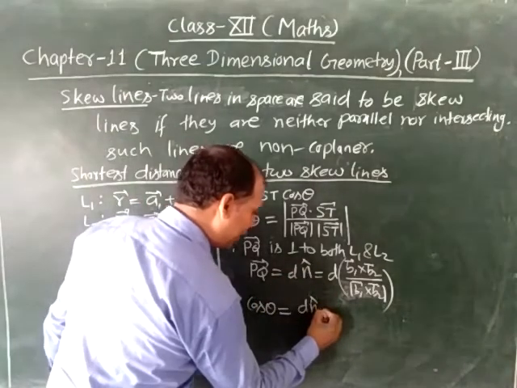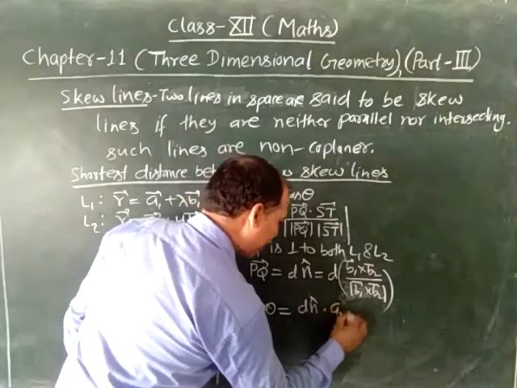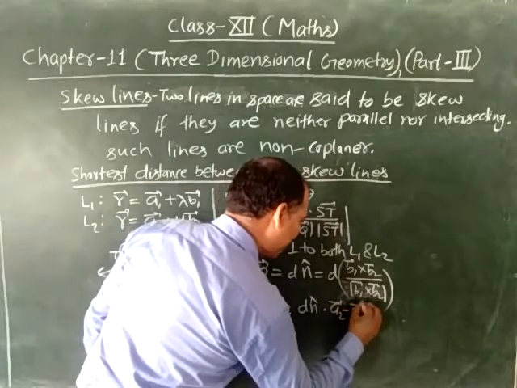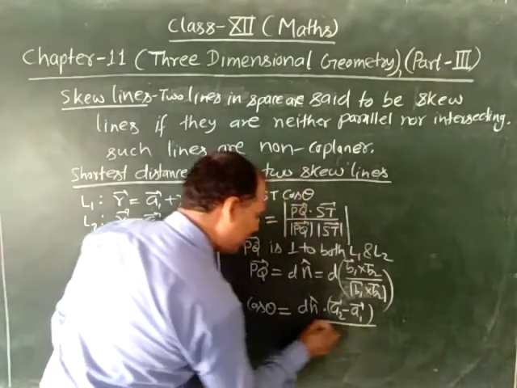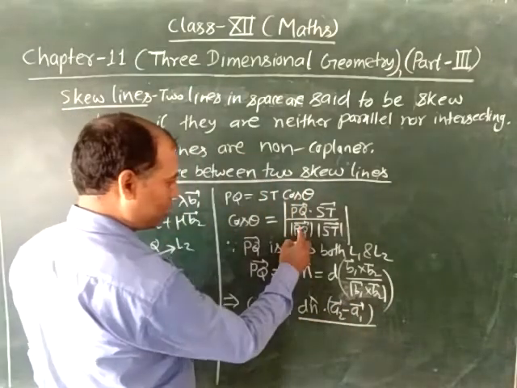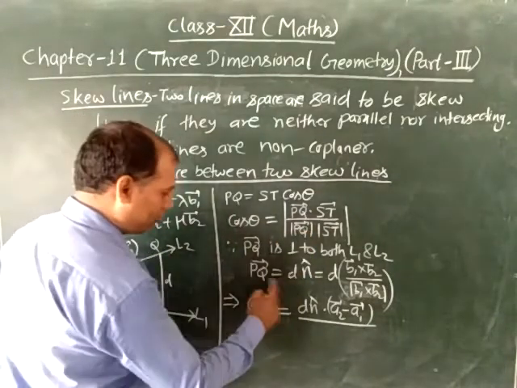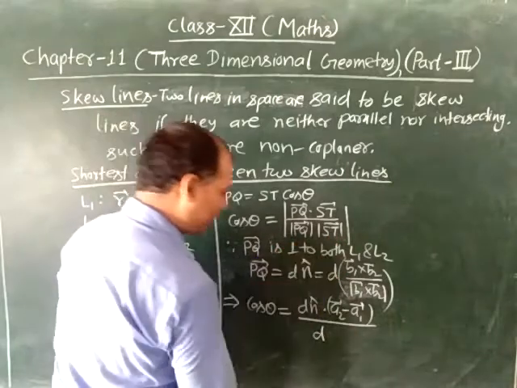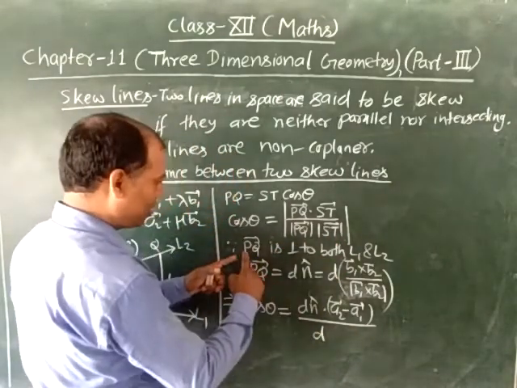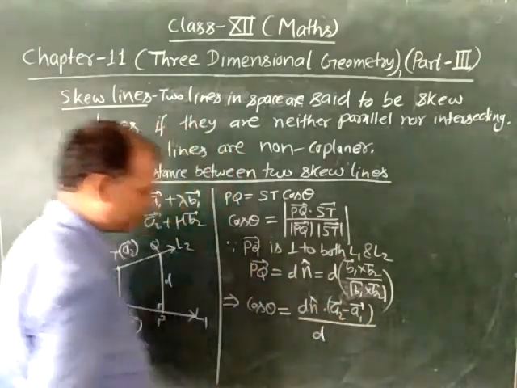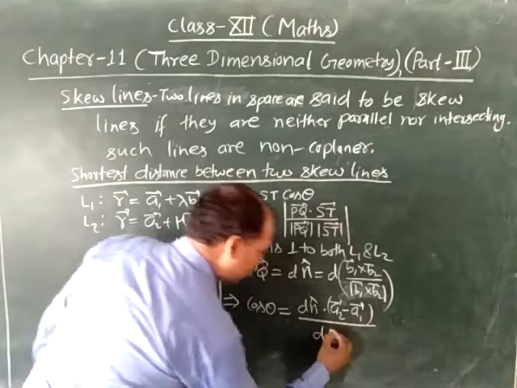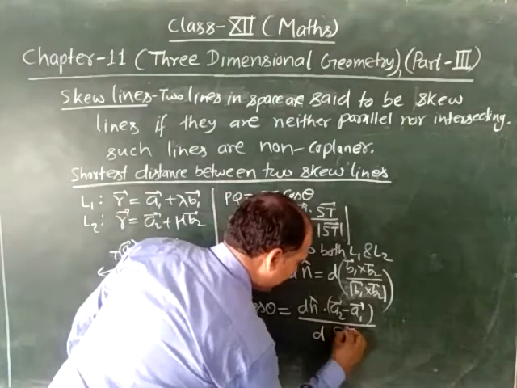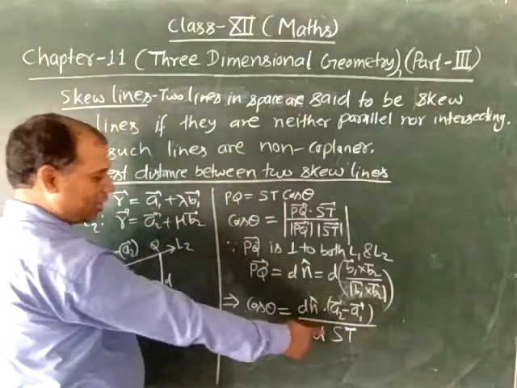So ST can be written as vector A2 minus vector A1 divided by modulus of PQ. Modulus of PQ becomes D, and modulus of ST, this becomes ST is this vector. So we can write modulus of ST as ST.